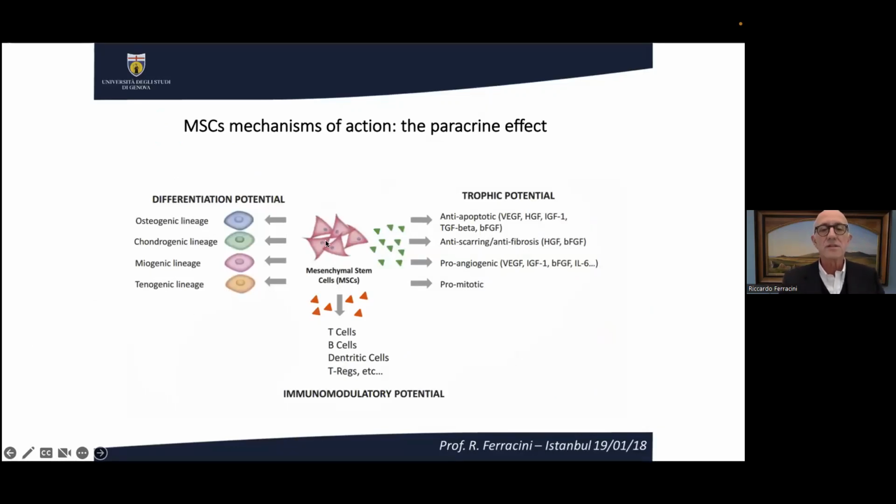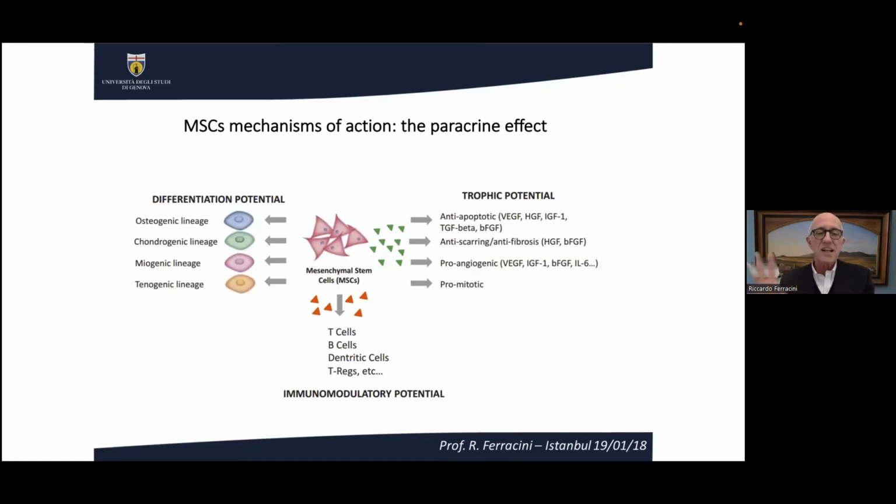It's very potent, but its potency is not only towards differentiation into different cells, but also in releasing paracrine factors. These factors work towards reconstruction, together with the cells themselves, in the environment that these cells are in.